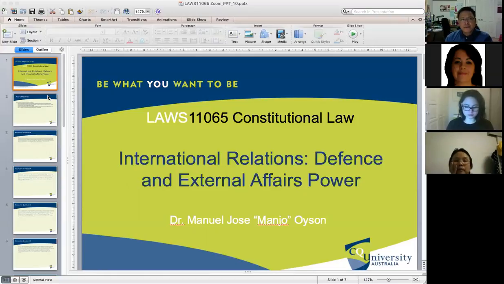And so it's interesting in the sense that because there is no entrenched Bill of Rights, oftentimes it's difficult to argue that a law passed by the Commonwealth Parliament that affects constitutional rights and freedoms, for example, the power to search and seize properties that belong to Australian citizens, or probably the power to enter into homes or do surveillance of individuals, is invalid.